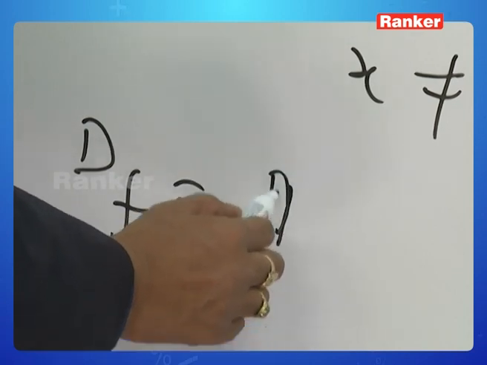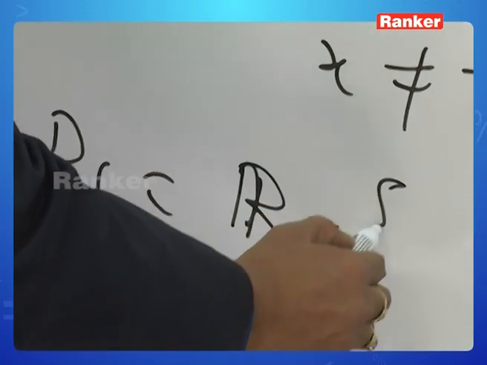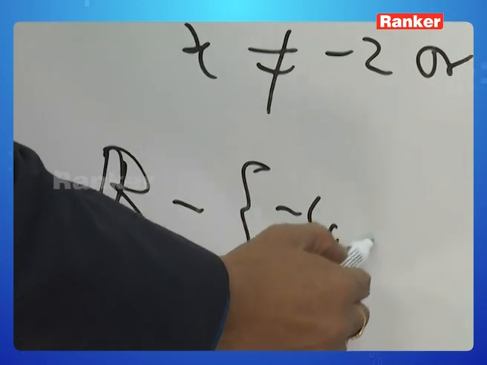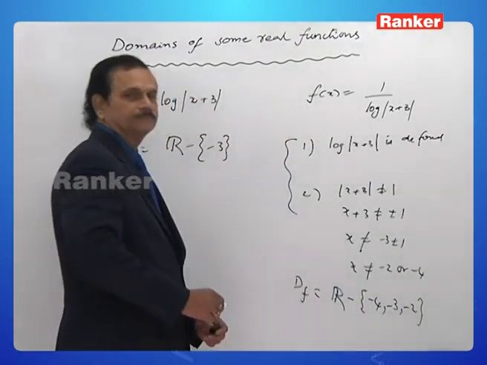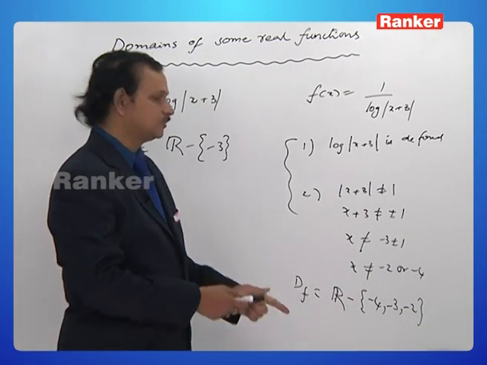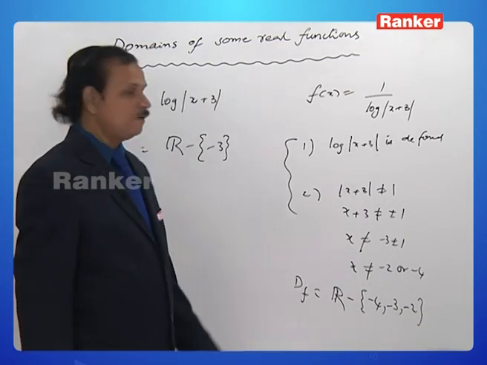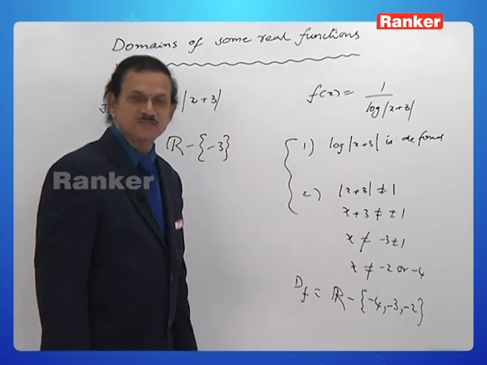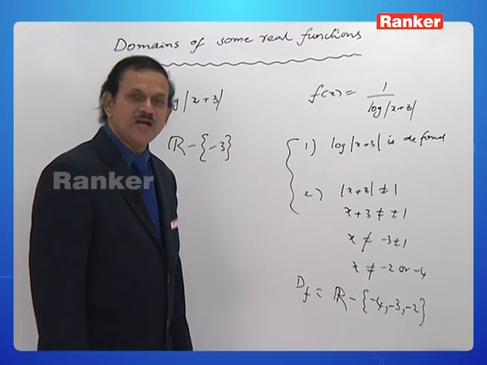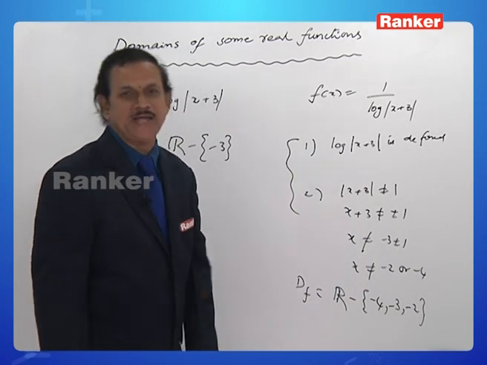Domain of f is equal to R minus {minus 4, minus 3, minus 2}. Those are the things.